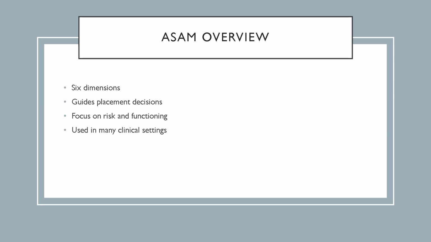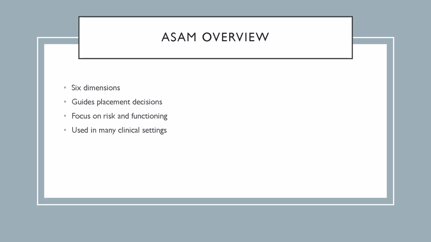And these dimensions include acute intoxication and withdrawal potential, biomedical conditions, emotional and behavioral conditions, what's their readiness to change, what's their relapse potential, and their recovery environment.